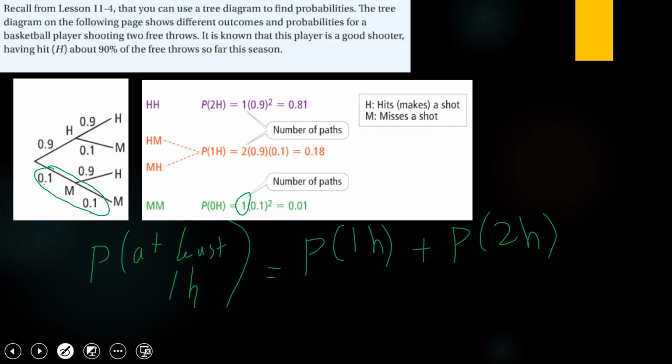They told me we have the probability of one shot, which is 0.18, and of two shots, which is 0.81. So since he is a good player, the probability of getting at least one hit is 0.99.